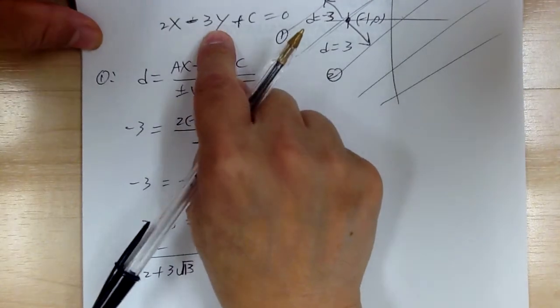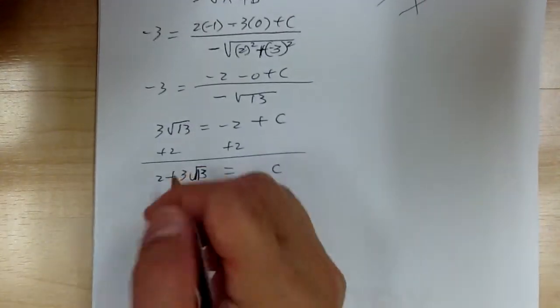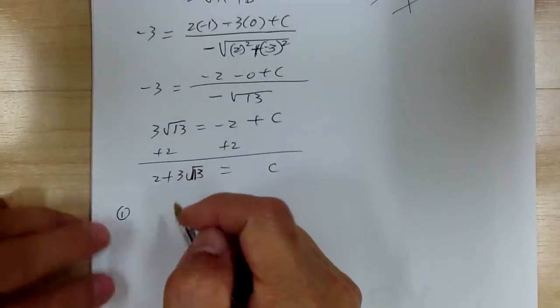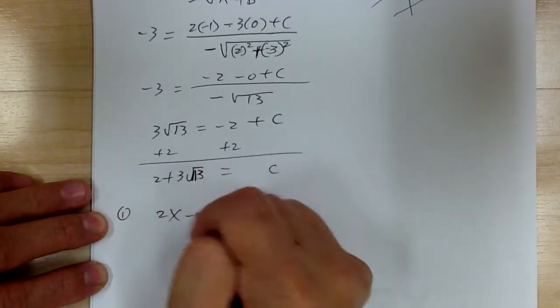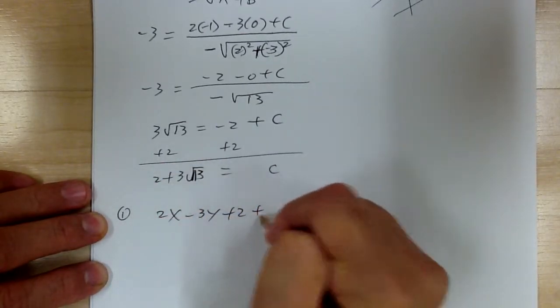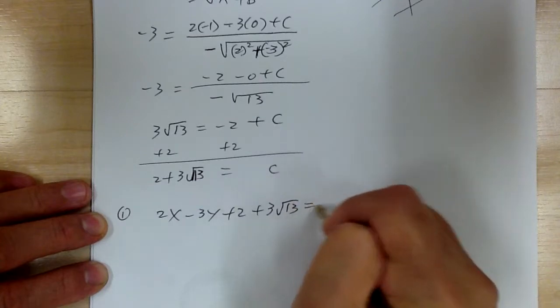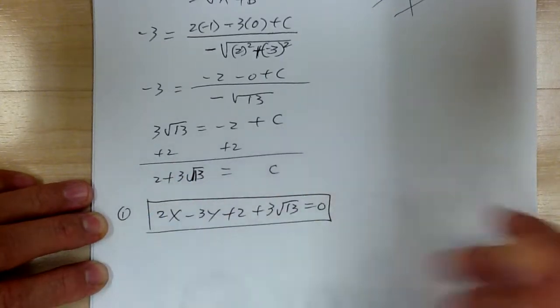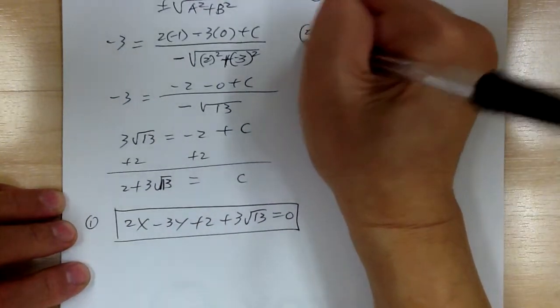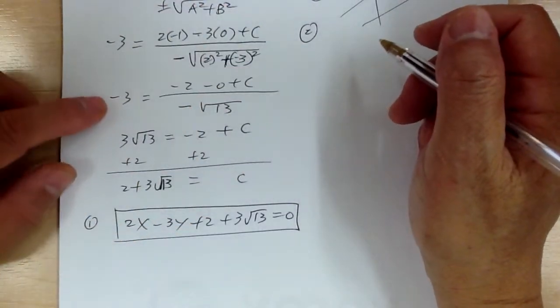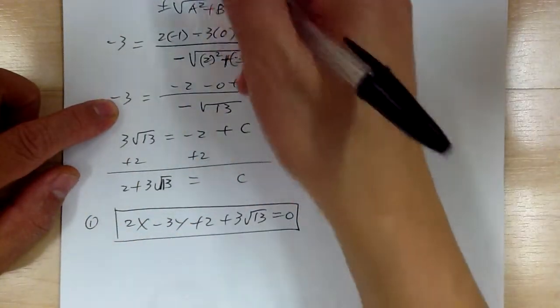Now I put it back into my family equation. So the equation for line 1 is 2x minus 3y plus 2 plus 3 square root of 13 equal to 0. For equation 2, everything would be the same except this would be positive. Follow through.